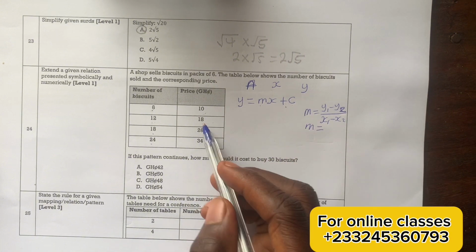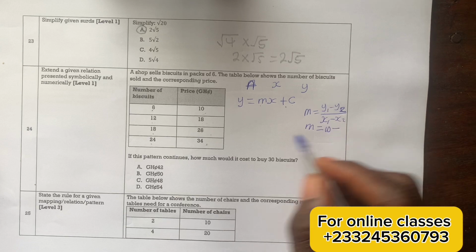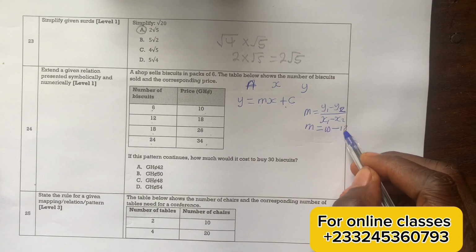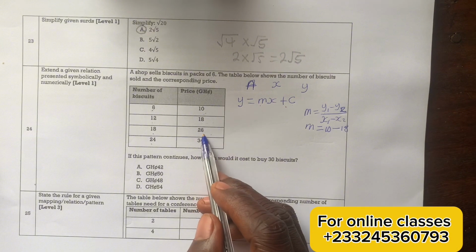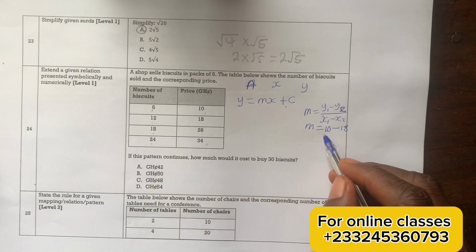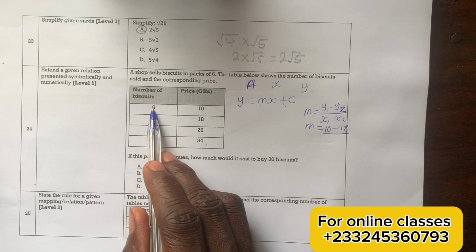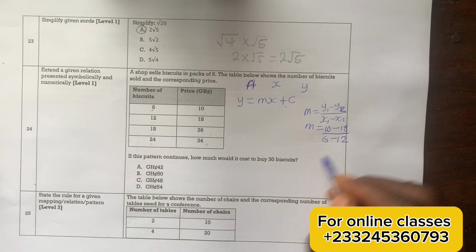So m equals y1, meaning the first one, 10, minus y2, meaning 18. You can also use 18 and 26. If you are using 18 and 26, 18 will be y1 and 26 will be y2. Now here x1 is 6 and x2 is 18.